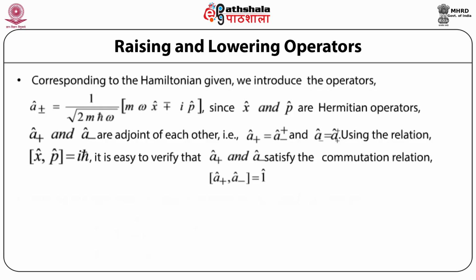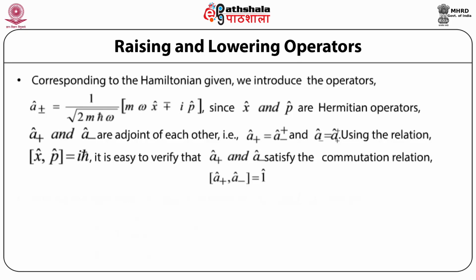In other words, we can say that the operator A plus is equal to operator A minus dagger, and similarly the operator A minus is equal to operator A plus dagger.